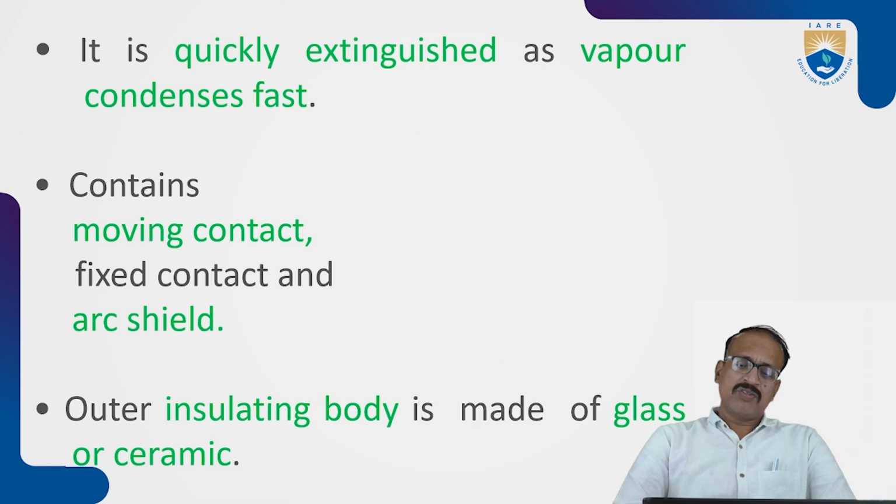And this also contains moving contact and fixed contact like the other circuit breakers. The outer insulating body is made of glass or ceramic. Either it can be made with the glass or the ceramic.